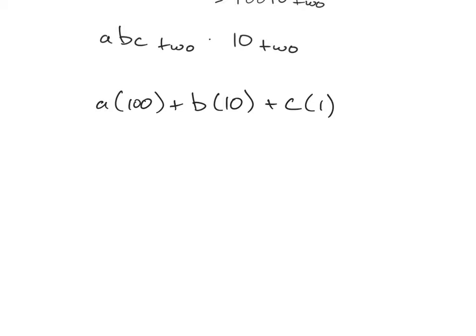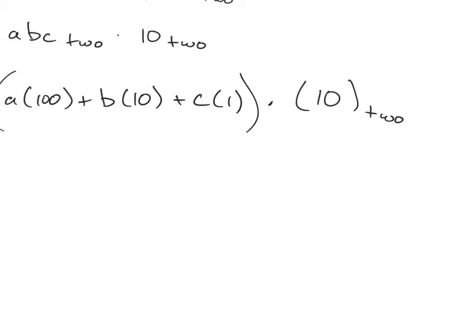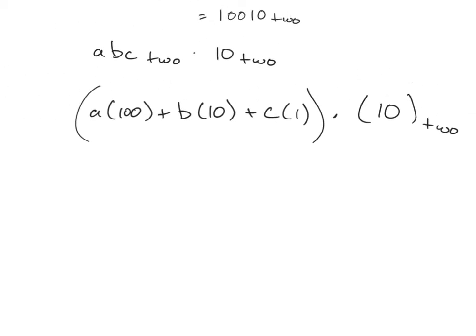So that takes care of that. And then times 10, or 10 base 2. We don't have to split this one up because it would be 10 plus 0, so nothing would change there.